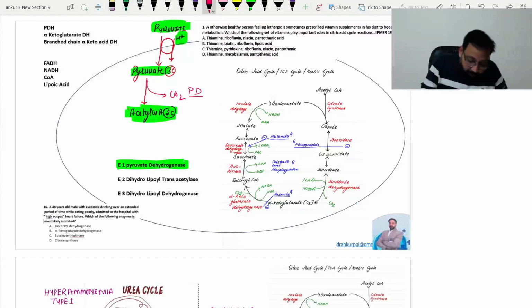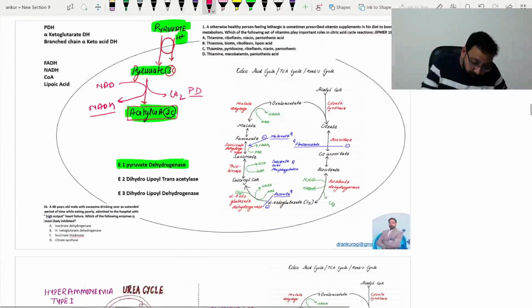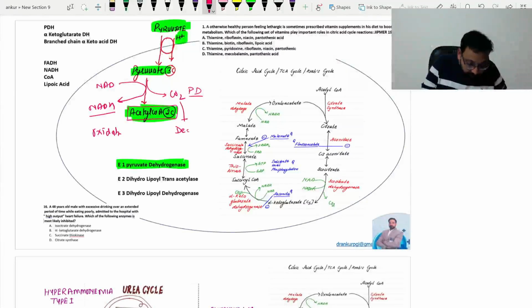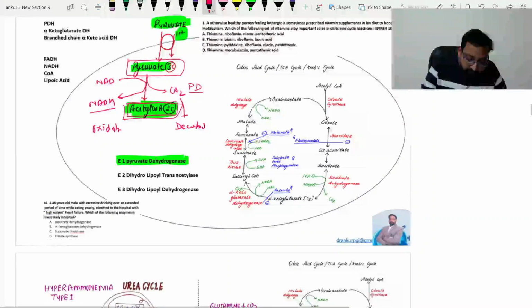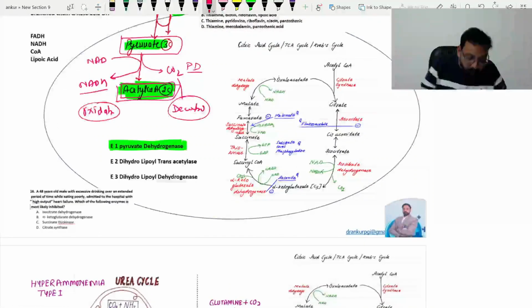Acetyl coenzyme A is produced, and NAD is converted to NADH. Removal of hydrogen is called oxidation, this is decarboxylation. So pyruvate is converted to acetyl coenzyme A by oxidative decarboxylation.